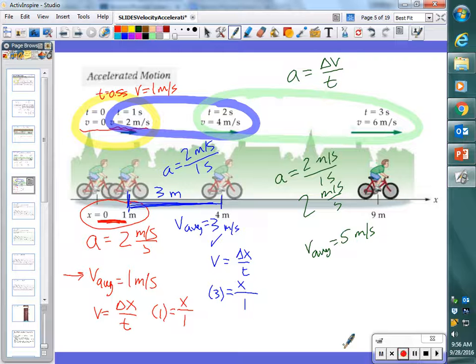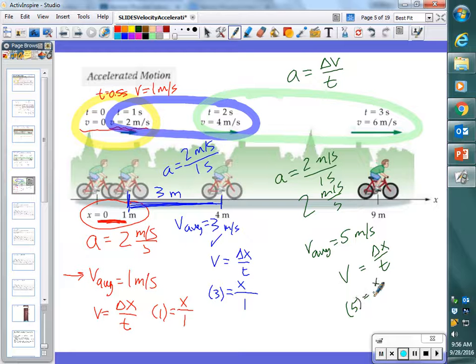And then, if velocity is delta x over t, what did we say the average velocity was? 5.